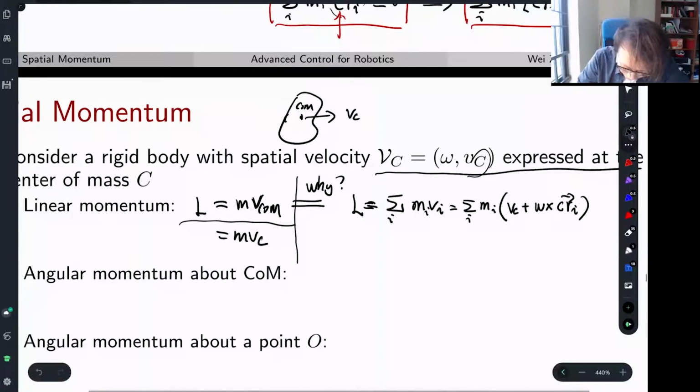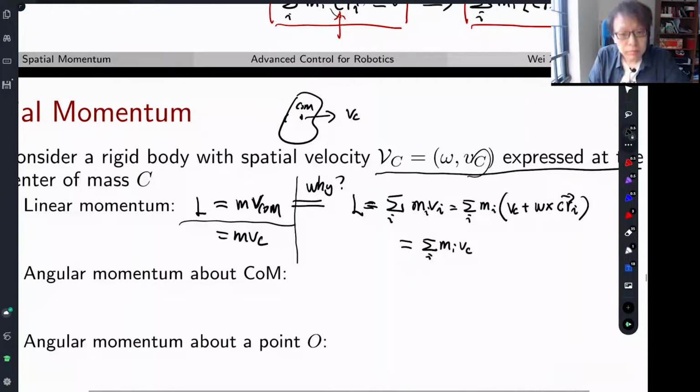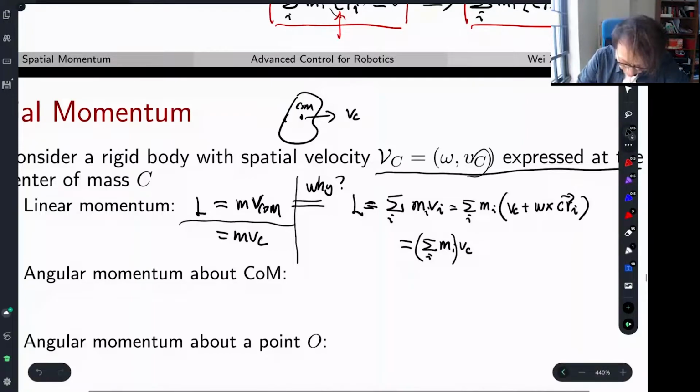If you get that, then this becomes summation over i of mi VC, and here VC is independent of the location of the mass, so you can pull it out.